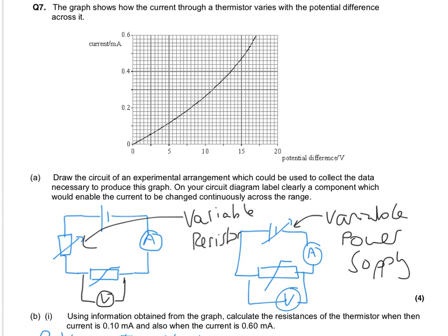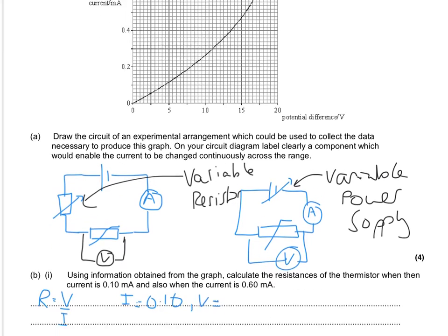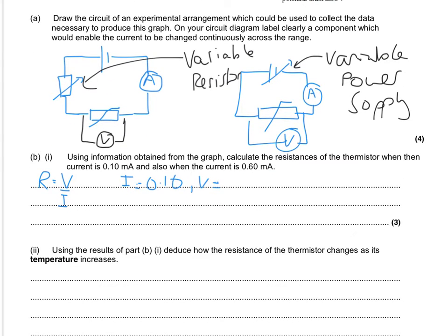If we go to 0.1 on the current axis and read across, then read down, you should get a value of about 0.44, 0.45. Either of those two would have been absolutely fine.